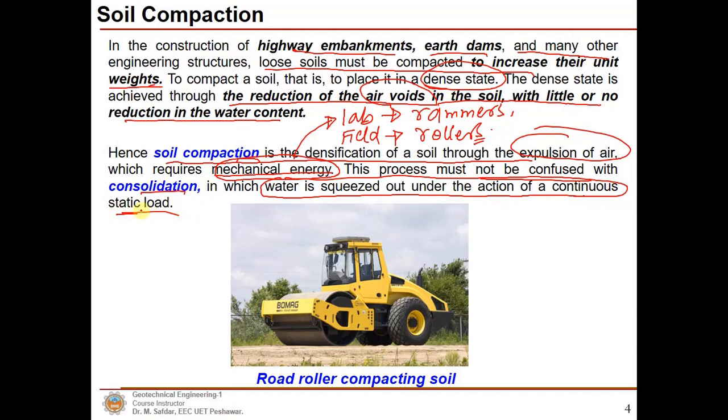Consolidation is an in-depth topic which will be discussed in geotechnical engineering 2. So here you can see a roller is being passed on the soil. First we place it in a loose state, then we sprinkle some water on it, and then we allow this roller to pass on it to compact it to the desired density.